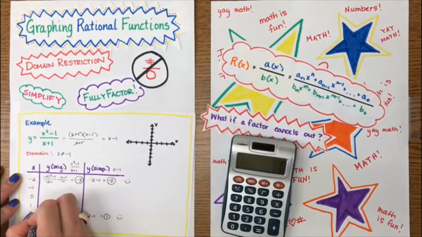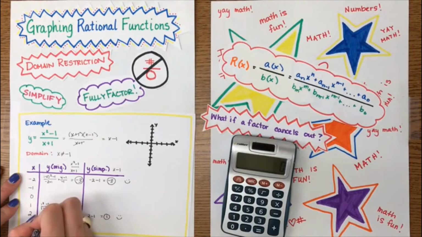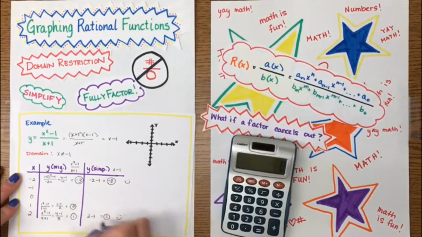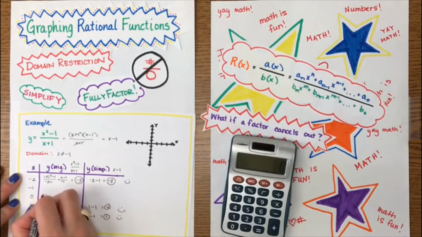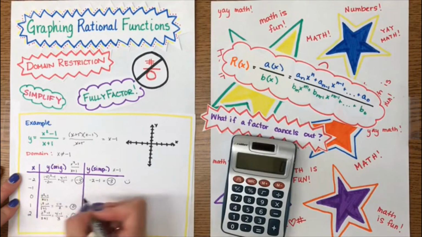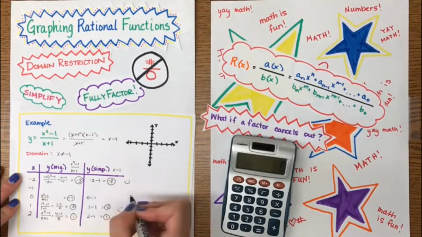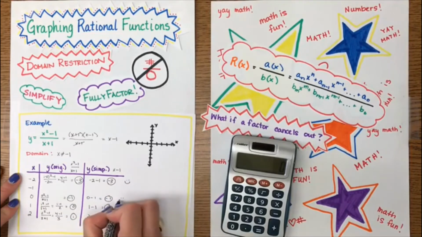Let's check 1. 1 squared minus 1 over 1 plus 1 becomes 1 minus 1 over 2, which is just 0. And if I plug 1 into my simplified, I also get 0. Let's check 0. 0 squared minus 1 over 0 plus 1 gives me negative 1, and 0 minus 1 is negative 1.